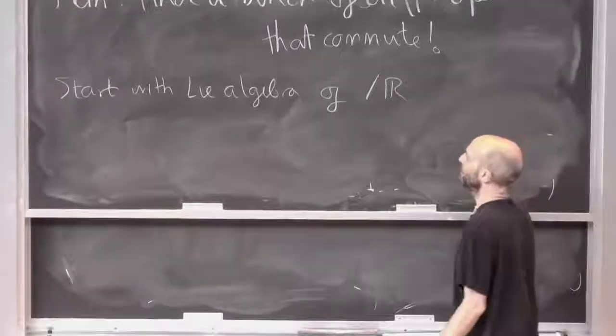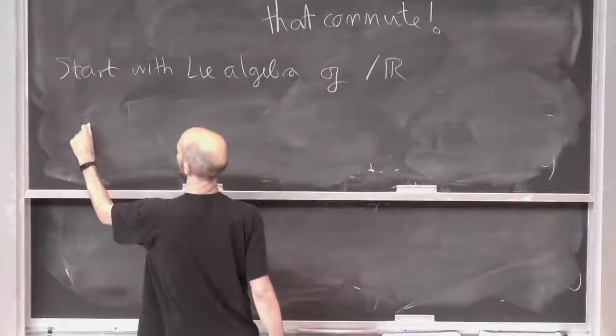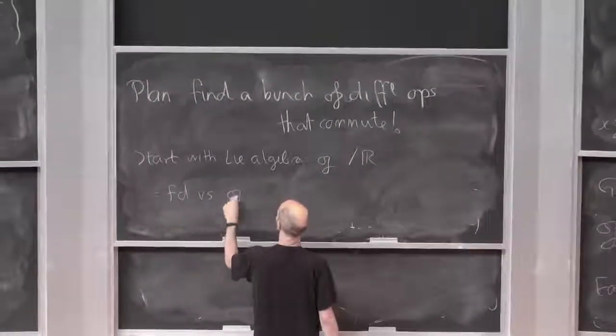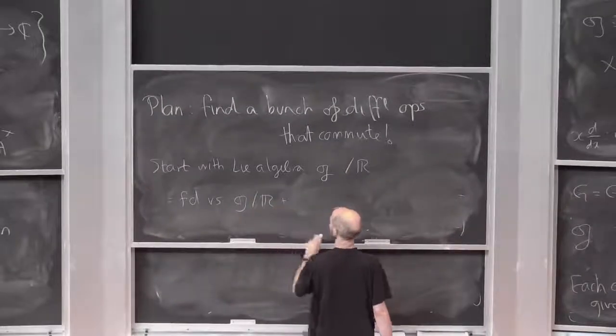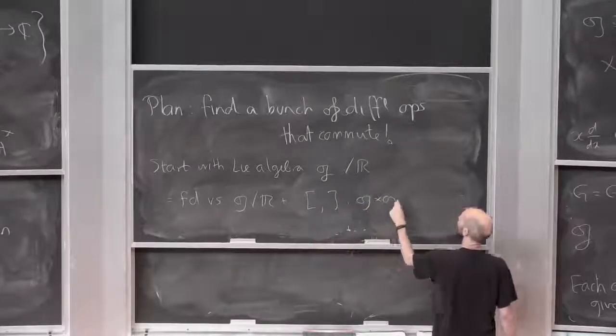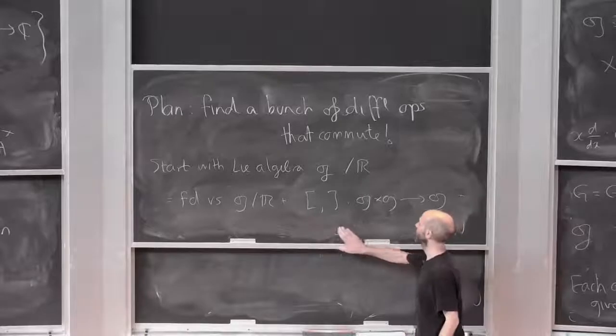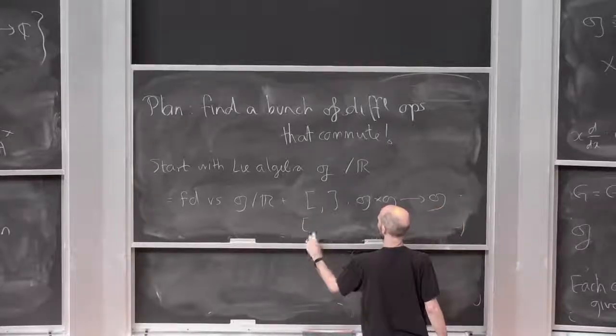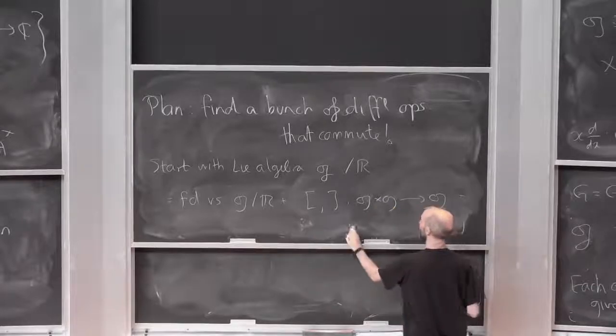Okay, so that's some vector space. In our case, it's going to be a finite dimensional vector space, G over the reals, plus some bracket, right? There's some definition from G cross G to G. Some bilinear bracket, plus some axioms.